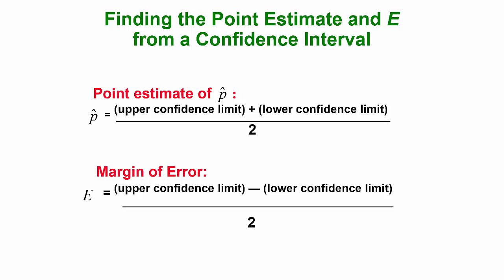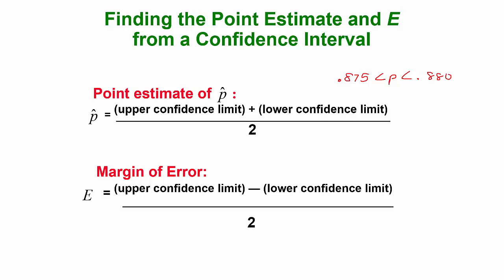So now what we want to do is look at other ways to represent and find the point estimate and margin of error. So let's say that we have a confidence interval set up, and we're told that the range of values for p could be estimated between 0.875 and 0.880.